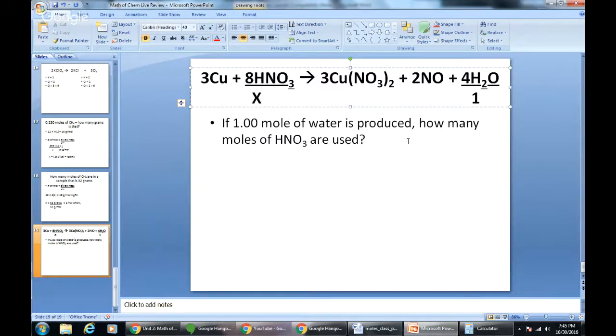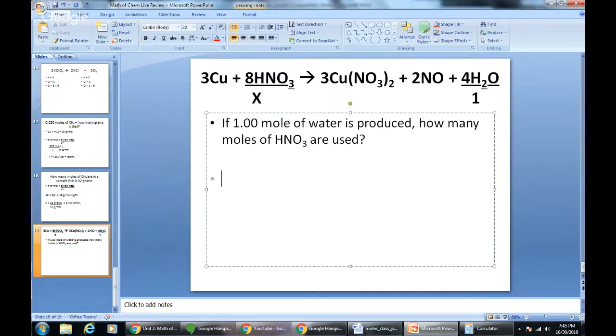That's X. So if we drag this stuff down here, it's 8 and 4. 8 over X is equal to 4 over 1.